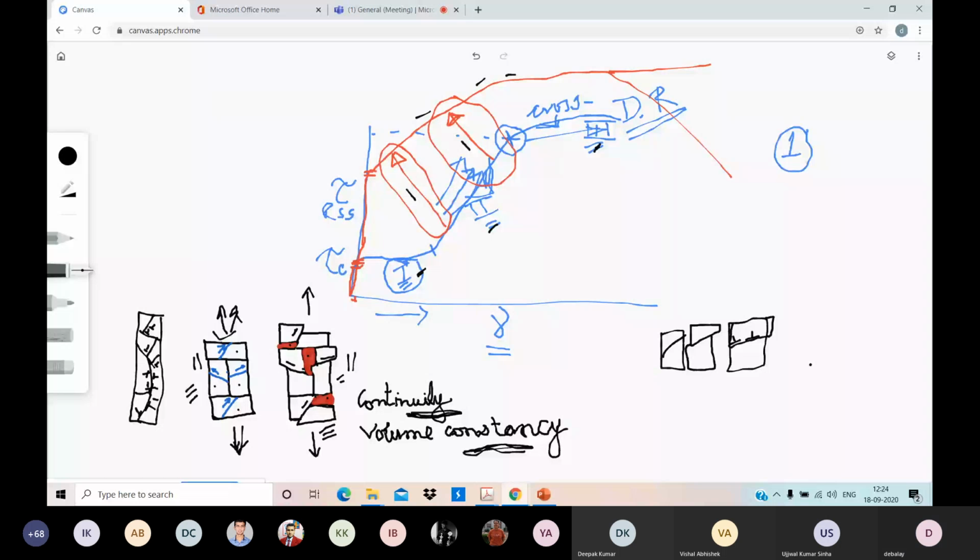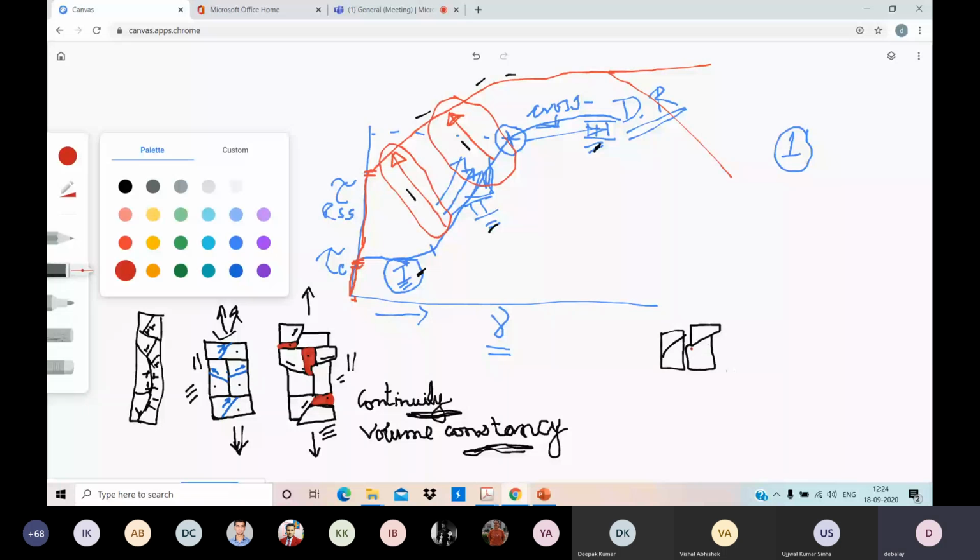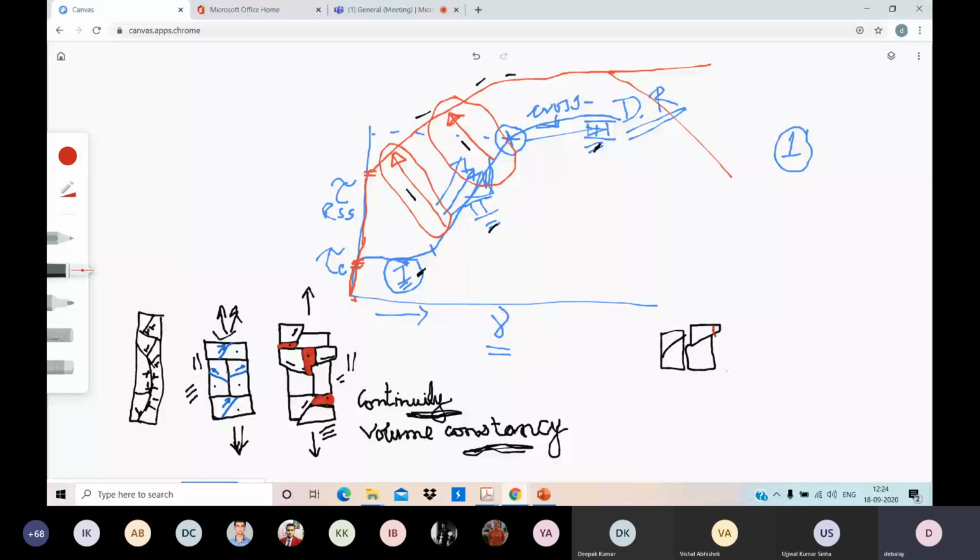Now, think of a situation where I had another single crystal beside this crystal.